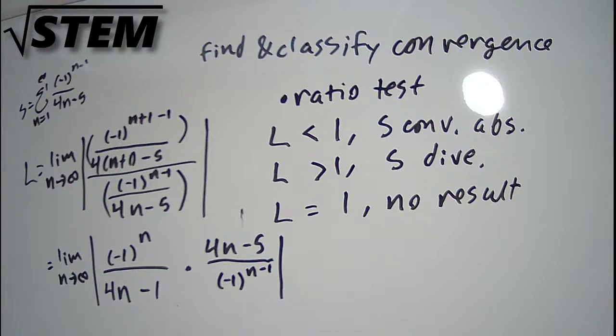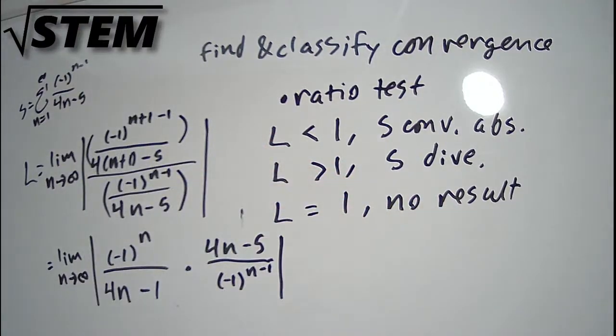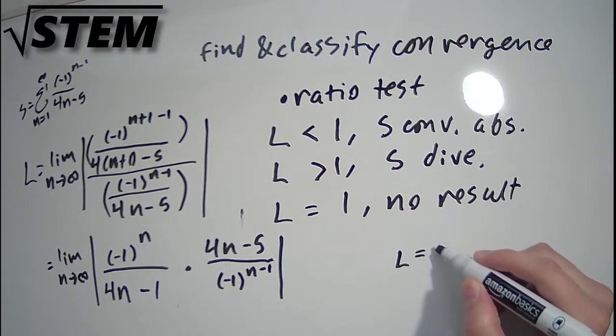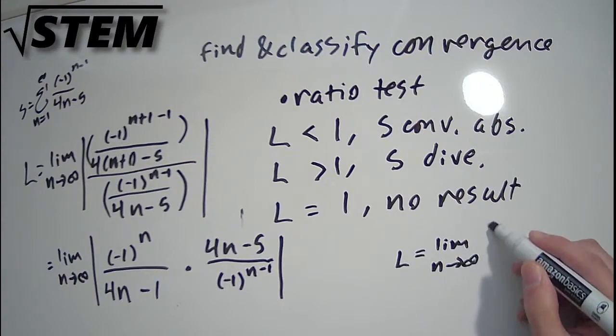How did I get the limit? I have not got the limit yet. If you're talking about how I filled this in, that's using the definition for the ratio test.